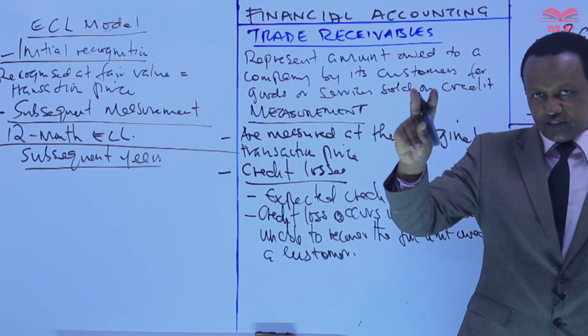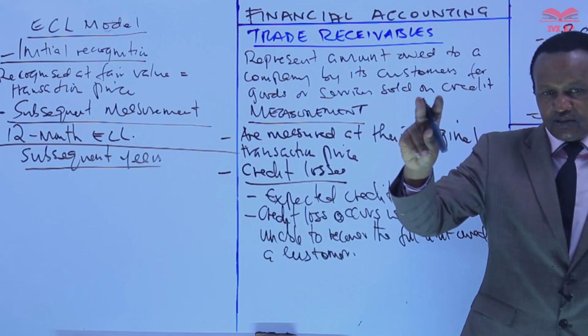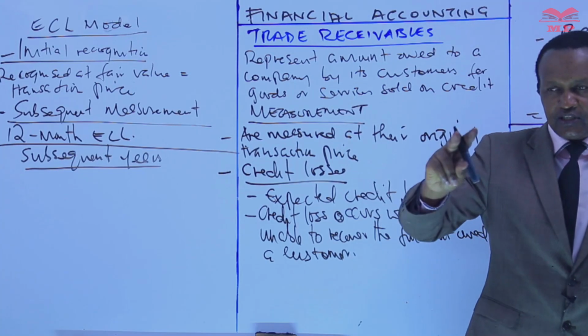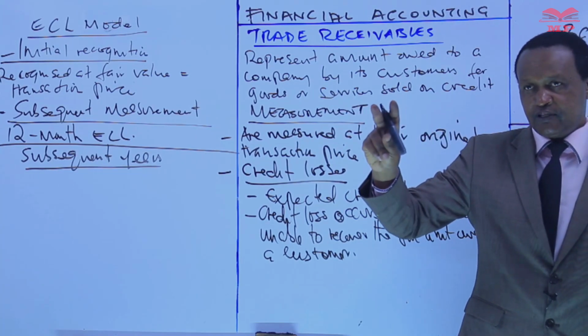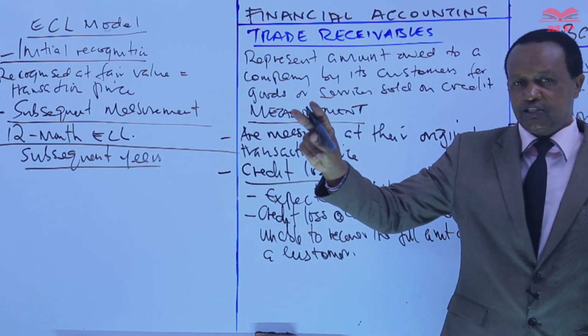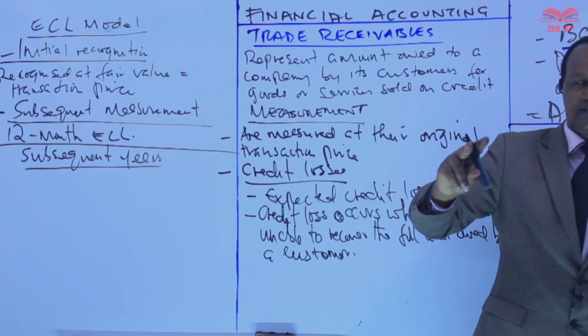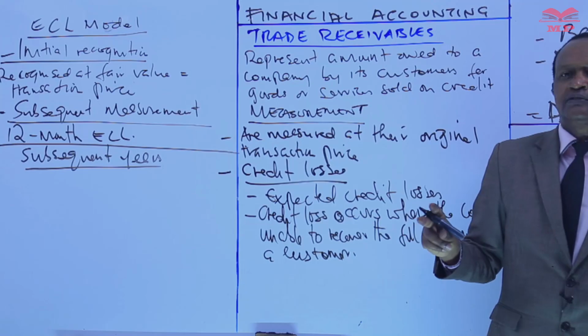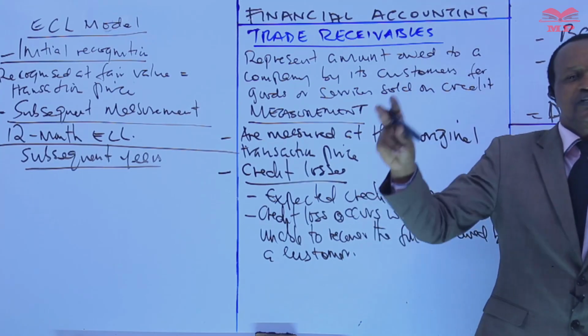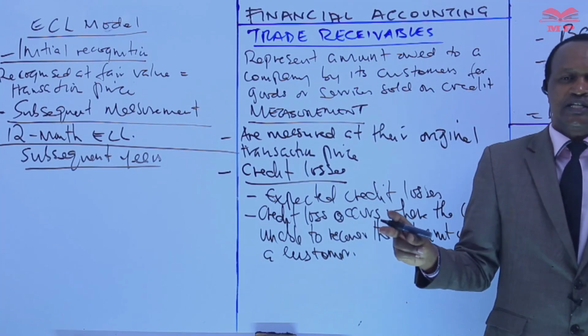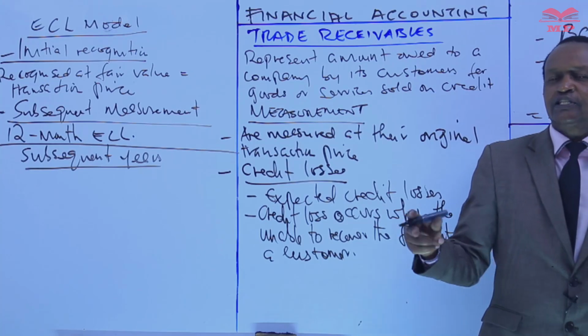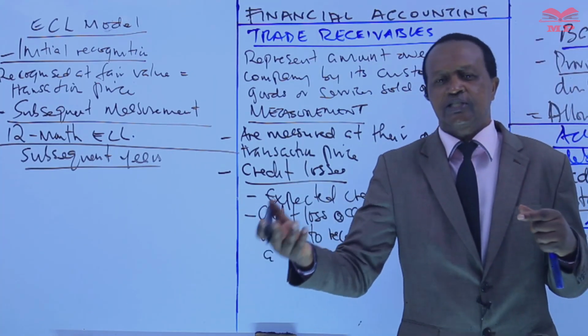Two factors there, two things. Is the provision increasing in the subsequent year or decreasing? So if it is decreasing, what entries do you make? If it is increasing, what entries do you make?